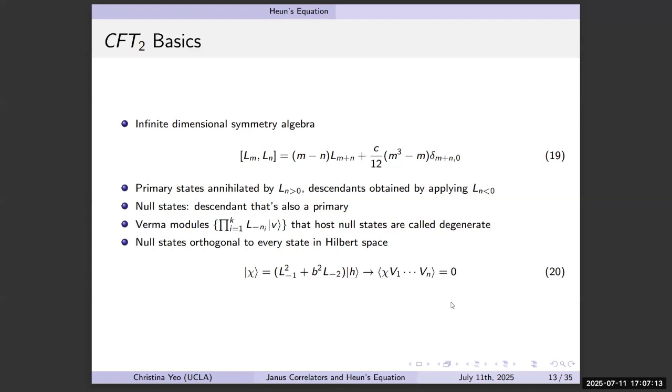Okay, let me draw something. The setup that we have is Janus in three dimensions, dual to a holographic CFT2. This is what we're trying to solve. We're separating ourselves from this for a moment to look at a Liouville CFT2, which fundamentally isn't holographic.